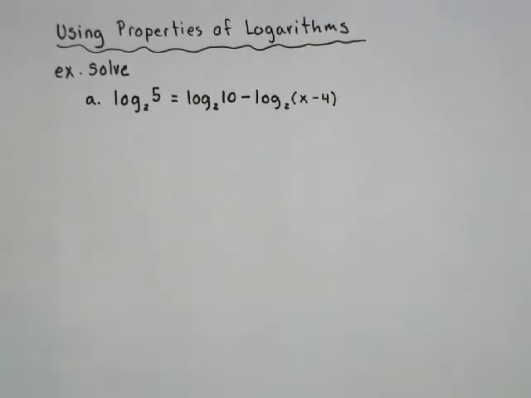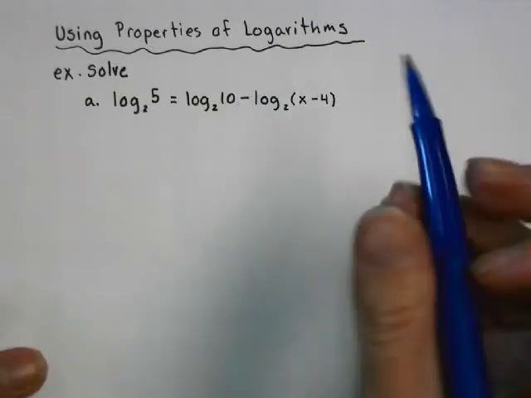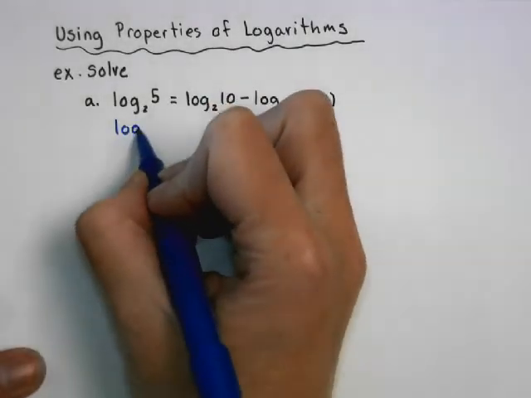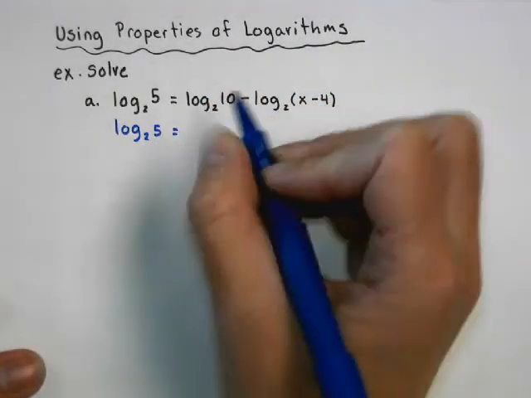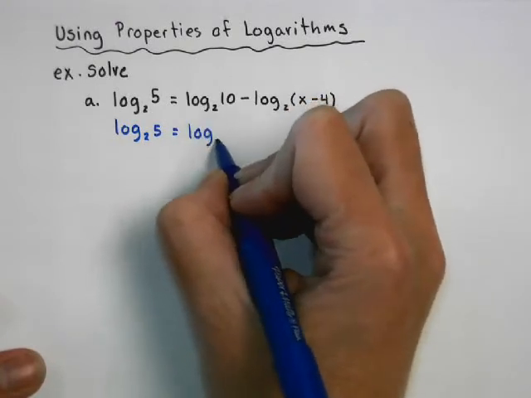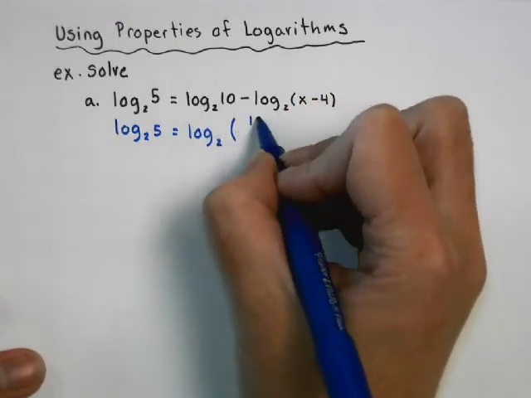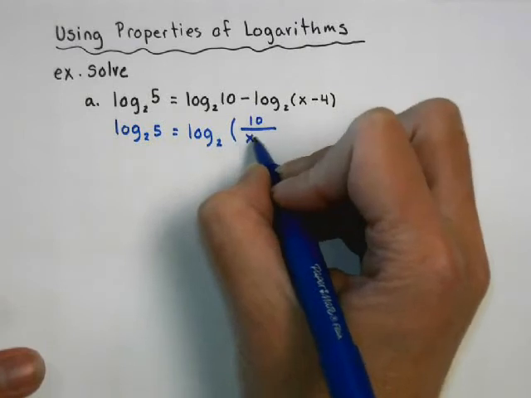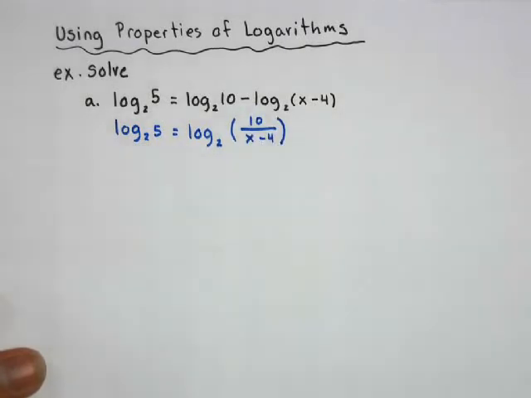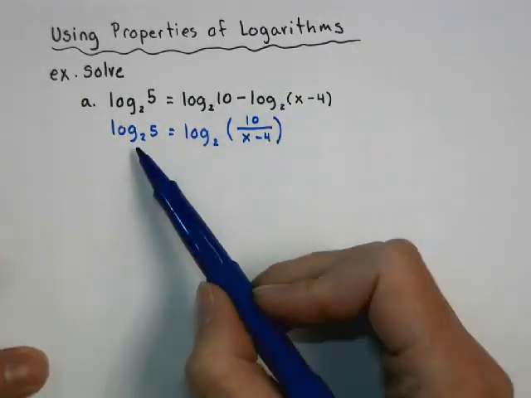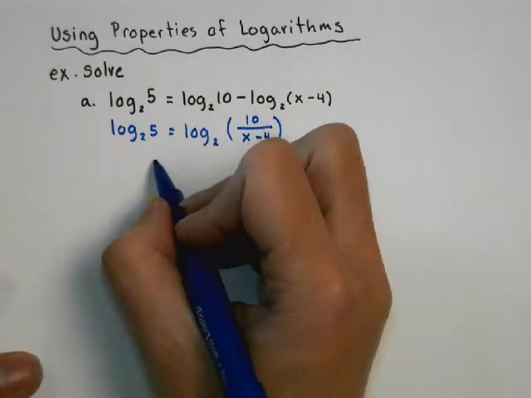So we have log base 2 of 5 is equal to log base 2 of 10 minus log base 2 of x minus 4. The property that we're going to use here is the quotient rule. So this is equivalent to log base 2 of 10 over x minus 4. Now that I have the same log, I can eliminate them.